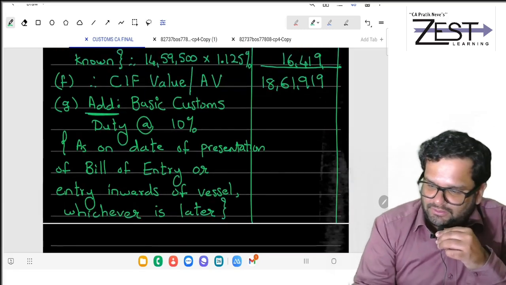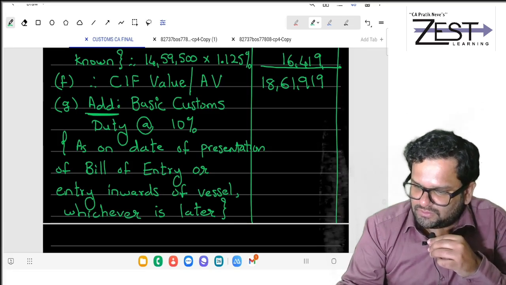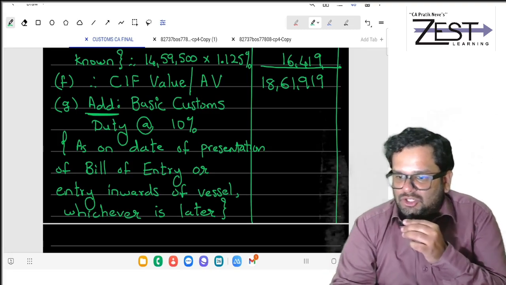So please calculate. Of course, it's a very simple calculation. 1,86,192.